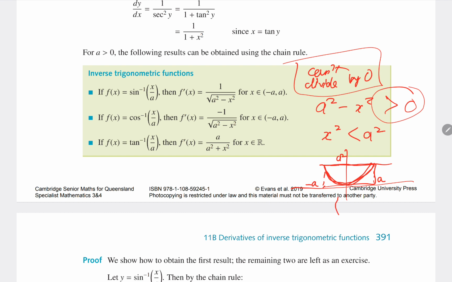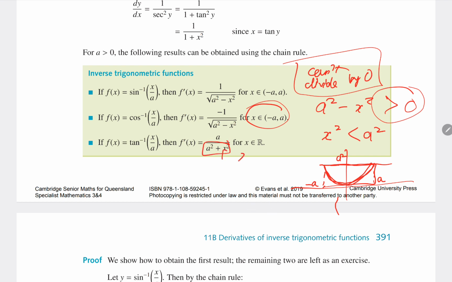Okay, so that explains the x from negative a to a, and that's why for tangent there's no restriction. Why? Because as long as a is not 0, this thing can never be 0.